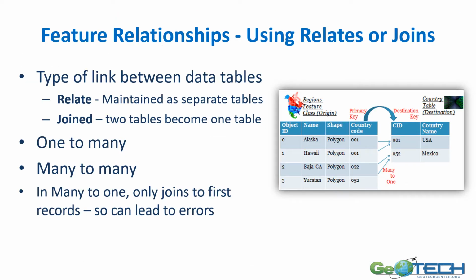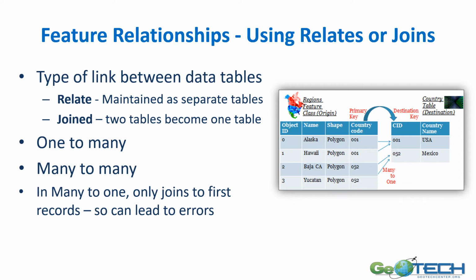Feature relationships can have relates or joins, and it's really the type of link between the two tables. You can relate tables where the tables remain separate tables, or you can join the two tables together and they become one table. And there are different kinds of joins and relationships: one to many, many to many.